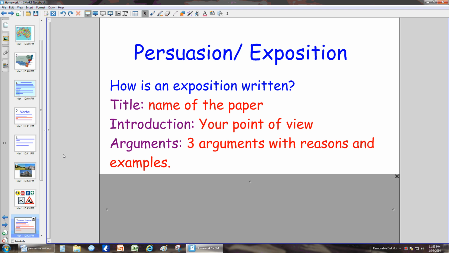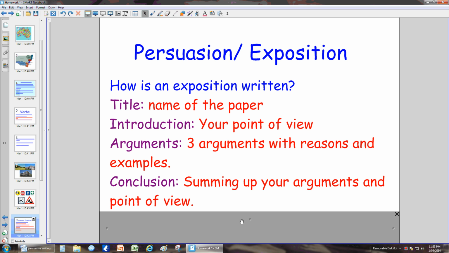This is where it's important to be very descriptive and detailed about your arguments, because you've got to persuade the reader to come onto your side. And we end with a conclusion, summing up your arguments and your point of view. That's where you're almost doing the introduction again. You're repeating yourself, saying, that is why I think what I think.